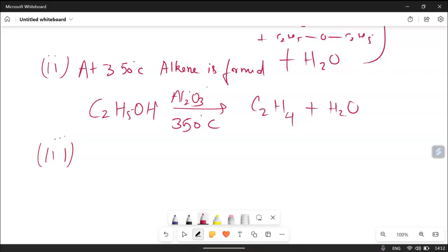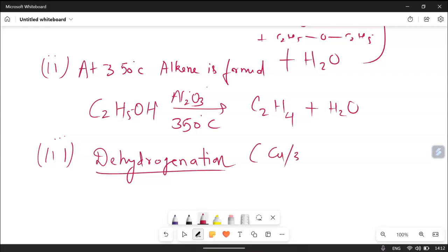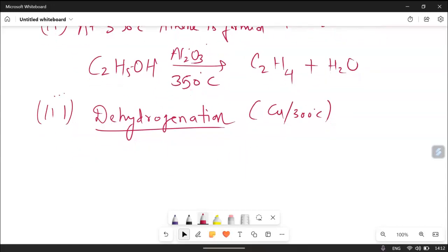If the same reaction occurs, which is also known as dehydrogenation, copper at 300 degrees Celsius is used. We have to react it.